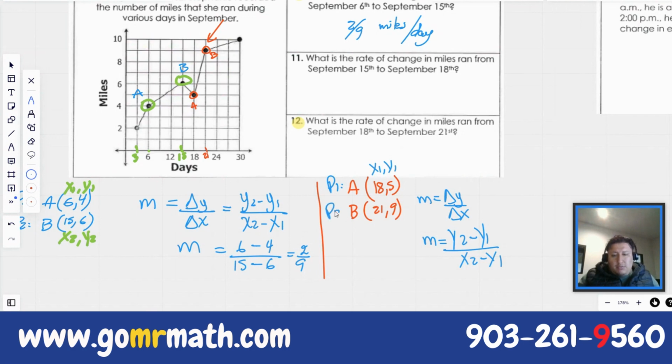If we call this one point 2, this one here will be x2, y2, and then we just replace the values. So y2 is 9 minus y1 is 5, over x2 is 21 minus x1, 18. This should be 4 over 3, and that is the rate of change. I'm going to try to move this a little bit.